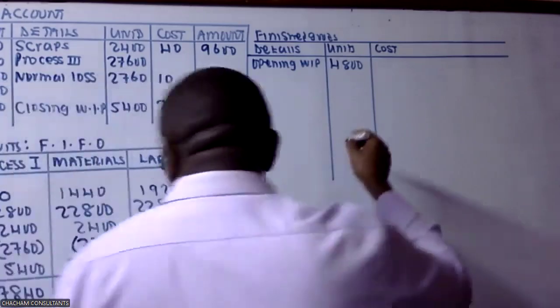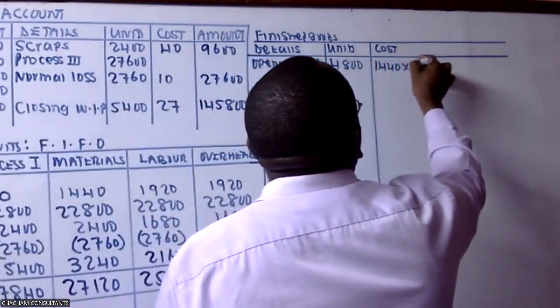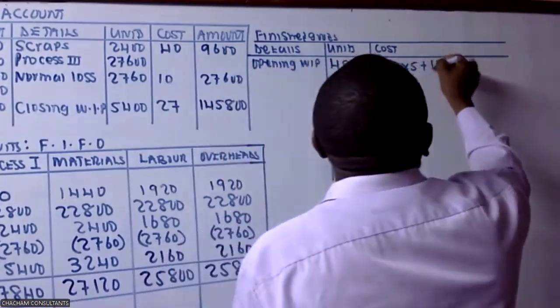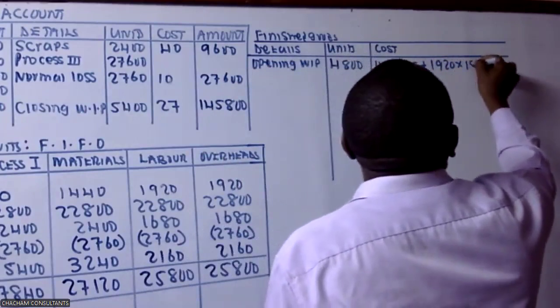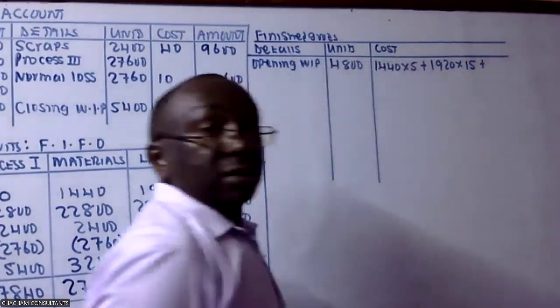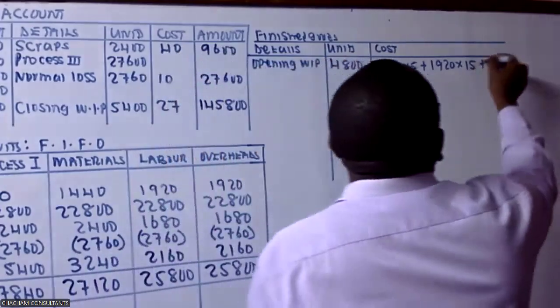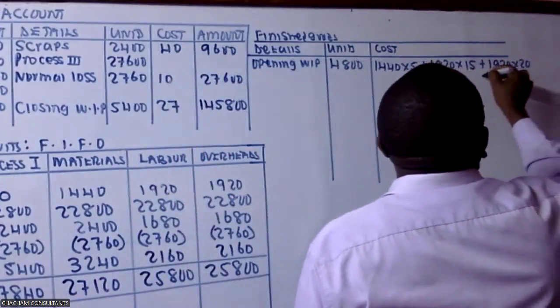So the first will be 1440 times 5, plus 1920 times 15, plus 1920 times 20.